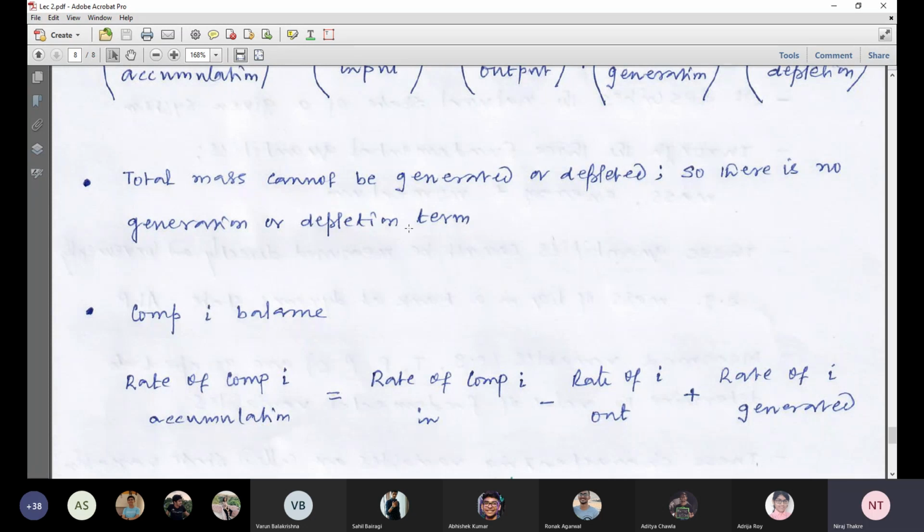So mass balance equation we use in two ways. One is total mass balance and then component mass balance. For total mass balance, there is no generation or depletion term, but for component mass balance, it is there. You see, I have written only one, rate of generation. But if rate of depletion is occurring, you just change this term to minus rate of generation. That's what I wanted to say.